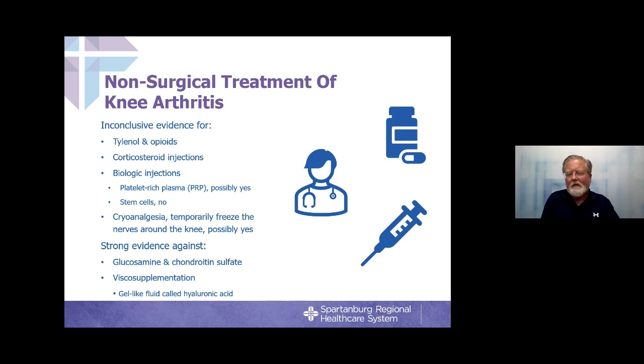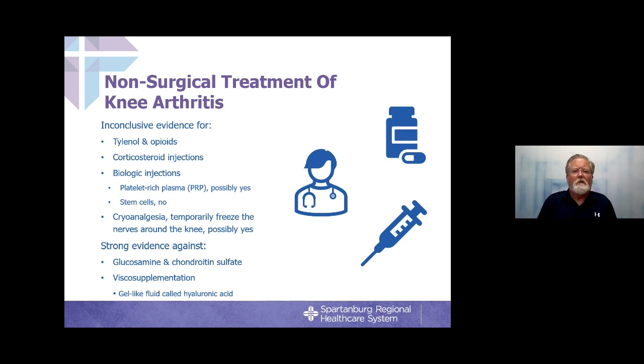Opioids, now the guidelines that I'm referencing here are actually from 2013. Since then, of course, we know that the opioid crisis has really taken off. So when our next guidelines come out, I don't think we'll be seeing opioids as any sort of non-surgical treatment, except in patients who are unable to consider surgery.